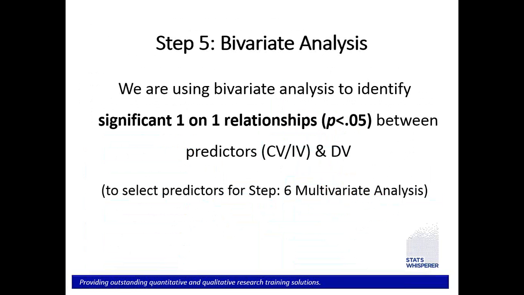So we're using bivariate analysis to identify significant one-on-one relationships. Remember, significant here is set at p less than 0.05 between the predictors, the covariate and independent variables, and the dependent variable, so we can select predictors for step 6, multivariate analysis.